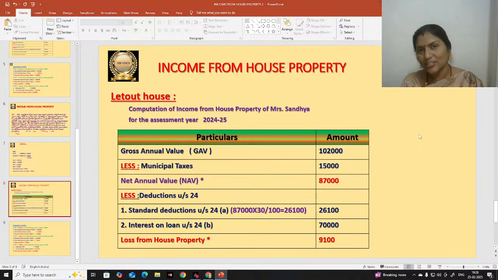Whenever unrealized rent is there in any question, we are going to do the problem in this way, how we discussed today. So we are going to calculate ARV for the months for which assessee is receiving rent, we are going to take for that many months only, and we are going to follow same procedure. Hope this is clear for everyone.